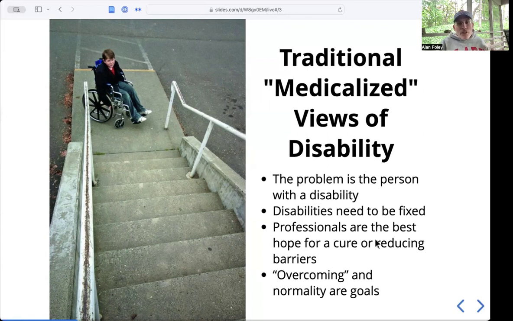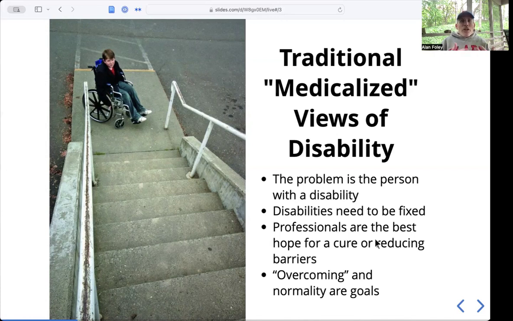And it's from these traditional or medicalized or deficit understandings of disability where we have these ideas of overcoming narratives you might have heard, where it's just so amazing that somebody with a disability was able to participate in a marathon or race or do something that wouldn't be remarkable for someone else without a disability. The idea being that because there's something wrong with this person, they've been able to overcome this.